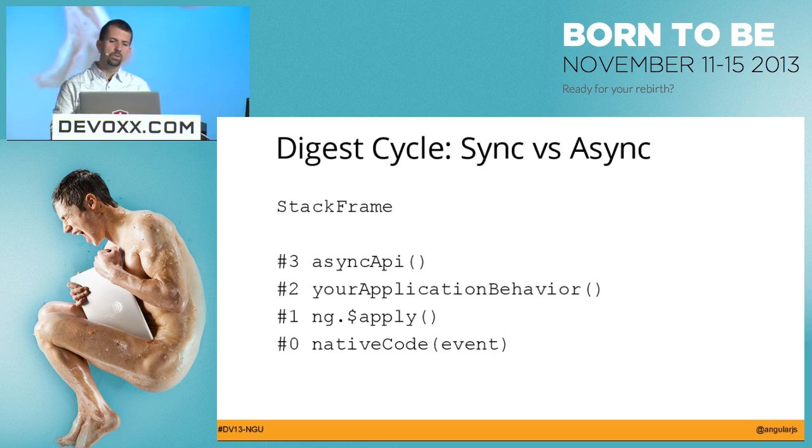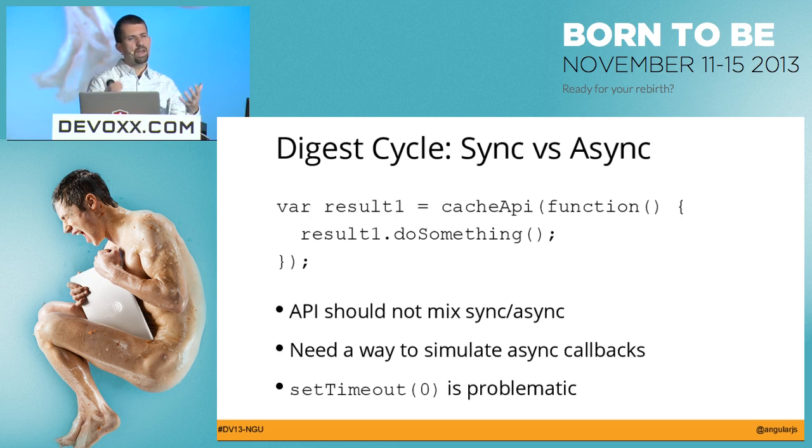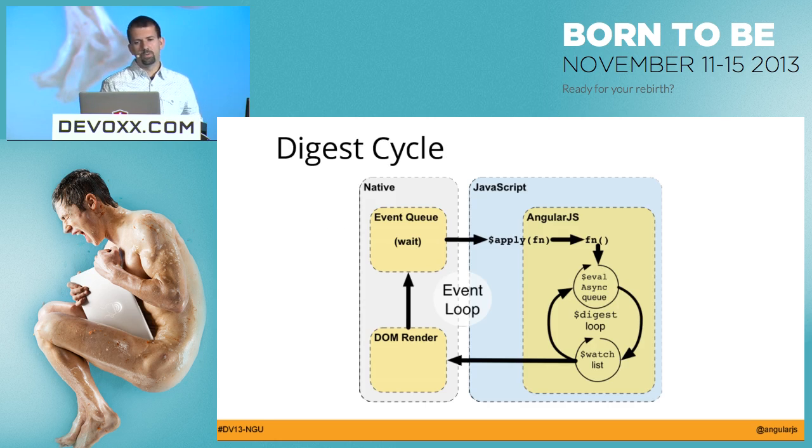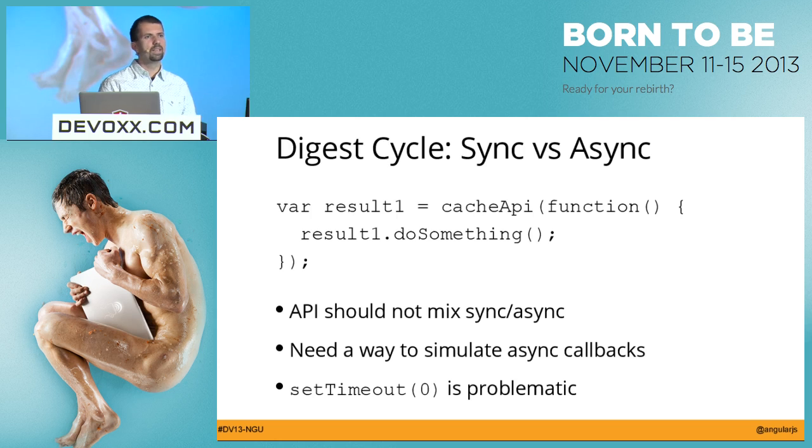And the way we can do this is because the apply that wraps the whole of the Angular world has that second loop, which we have shown you up over here, called the eval async loop. And this is what allows us to process asynchronous mode in a synchronous fashion. So inside of the cache API, when we have a cache hit, we say, please process this asynchronously.